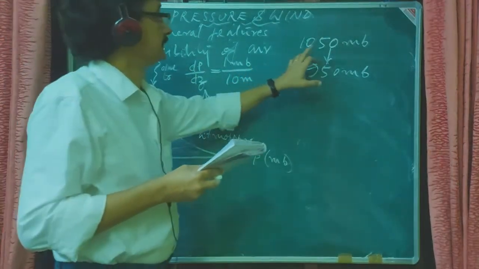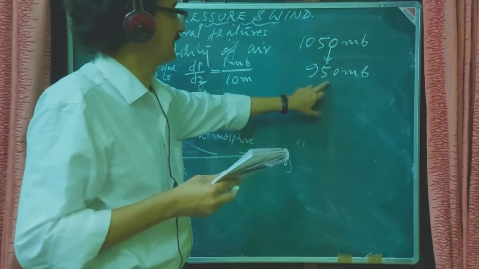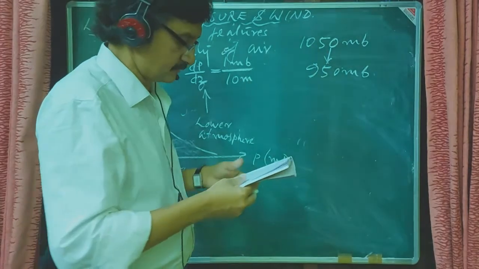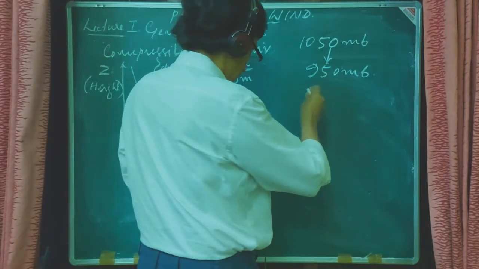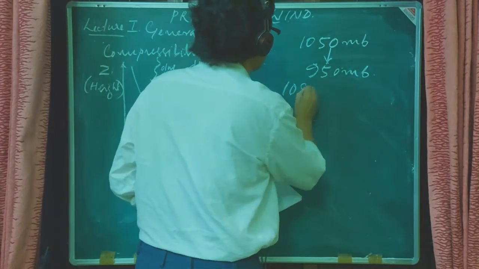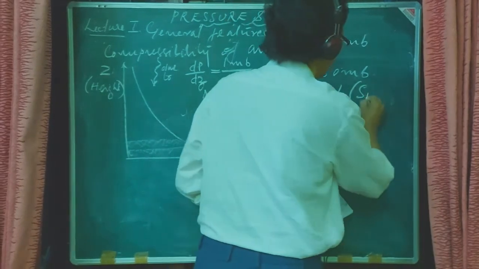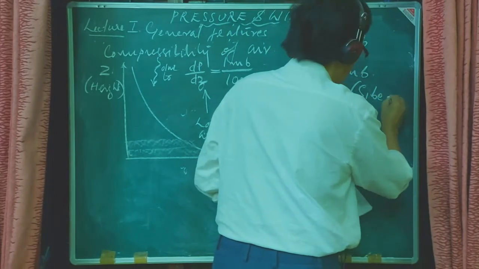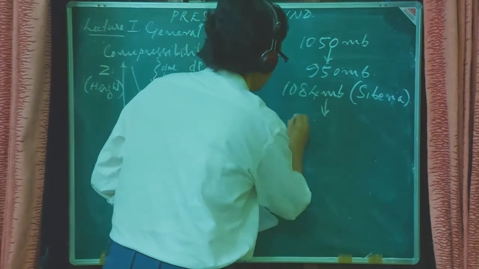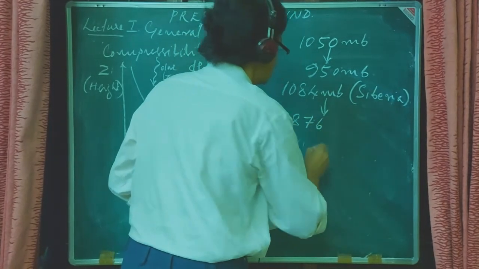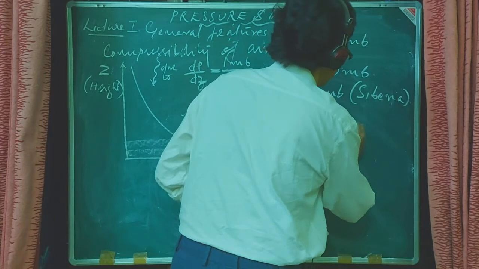But at the global level, the pressure can range from 950 to 1050 millibar, and even extreme values you can anticipate, around 1084 millibar over the Siberian region, and the lowest value of around 876 in the region of a Pacific typhoon.